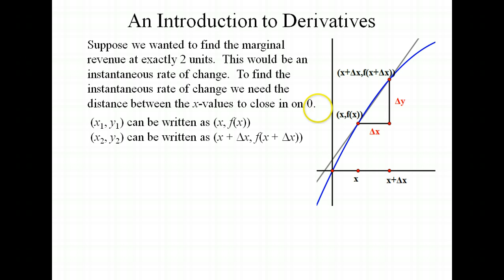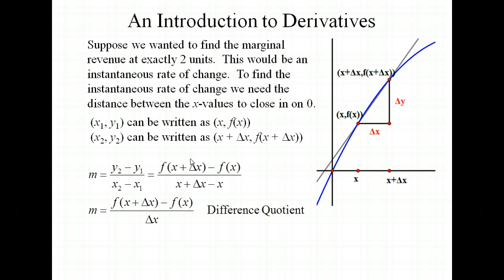So we want that distance between the 2 points, which is delta x, to close in on 0. So that means our ordered pairs can be written in terms of function notation, where we have x and the function evaluated at x. And for our second point, we have x plus a little bit more, which is the delta x, and then f of x plus delta x.